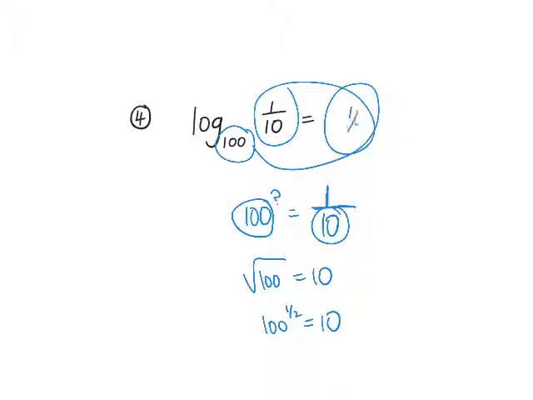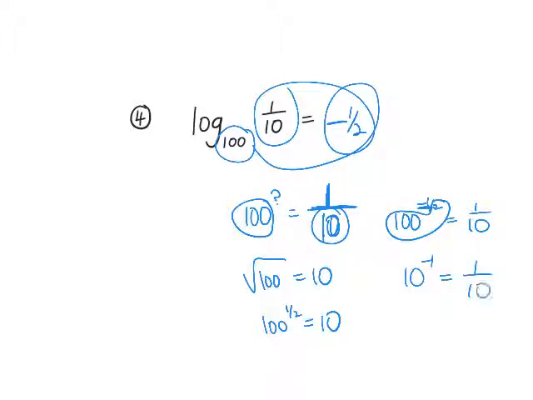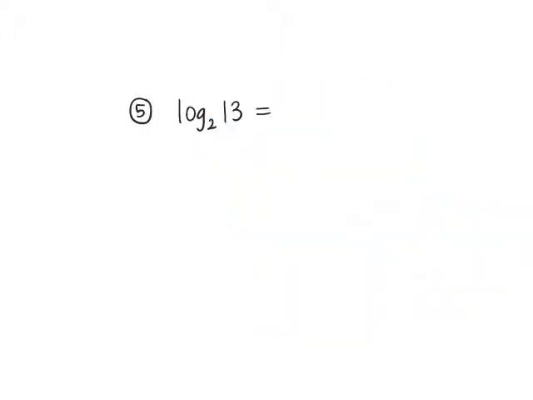So we know we have a half, but because it's flipped over, it's not 10, it's 1/10. We have to make it negative. So again, 100 to the negative 1/2 power gives you 1 over 10 because that's square root of 100, which is 10, and I still have that negative 1. 10 to the negative 1 is 1 over 10. Final answer, negative 1/2.